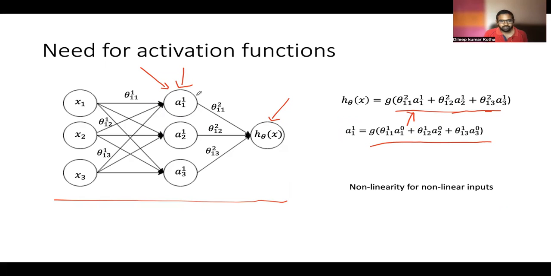And where do we use the activation function? Within each neuron, whenever we compute the summation of weights multiplied by the input features, after that we take this as input and activate it by putting it into a nonlinear function, such that we get a nonlinear output.